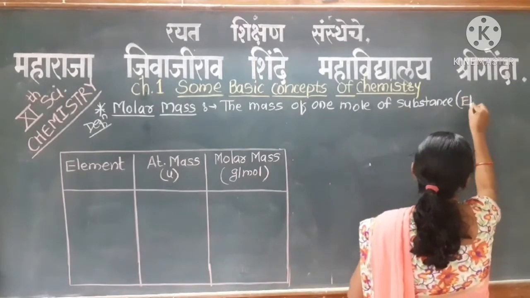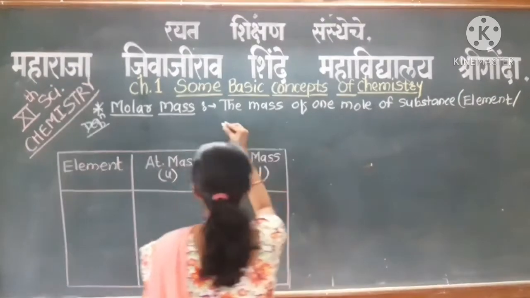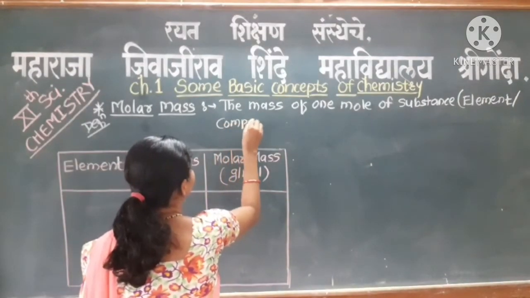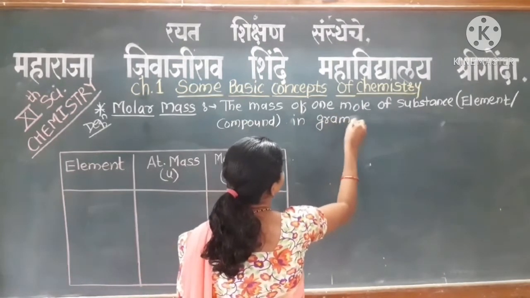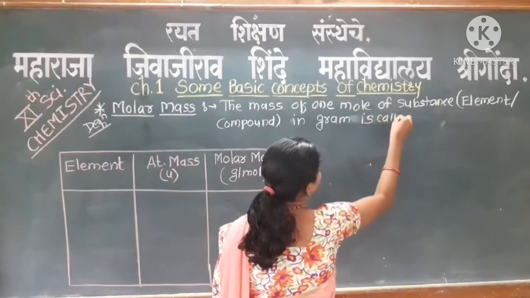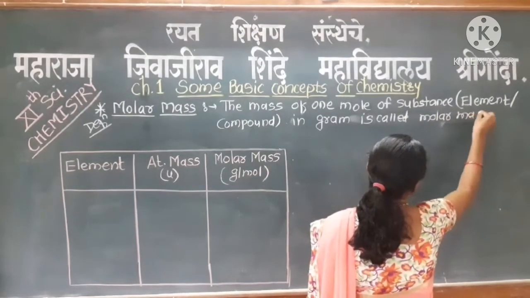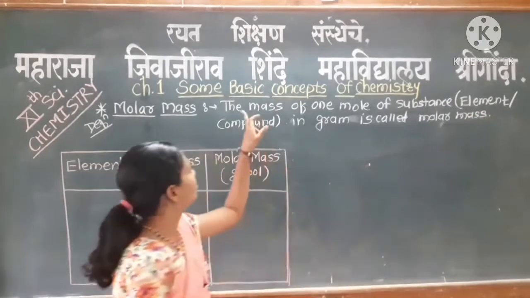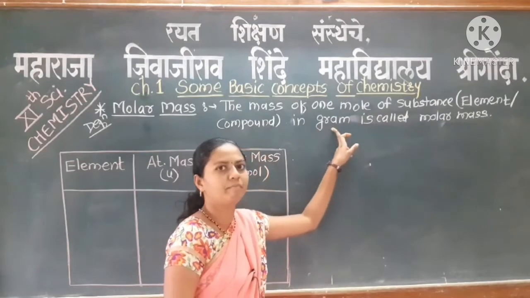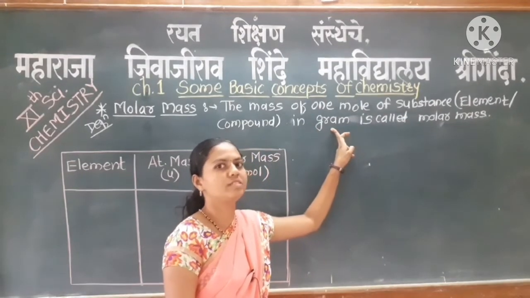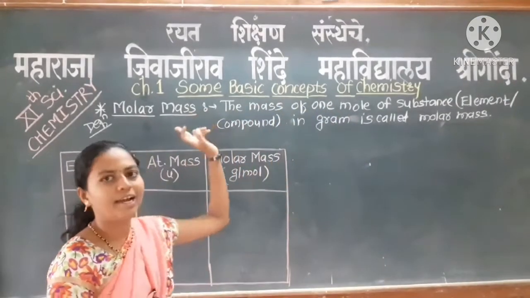It may be an element or a compound. Mass of 1 mole of a substance in gram is called the molar mass of that substance.